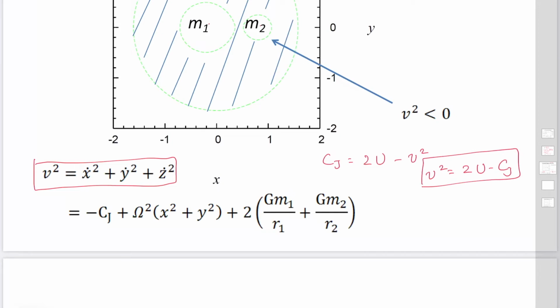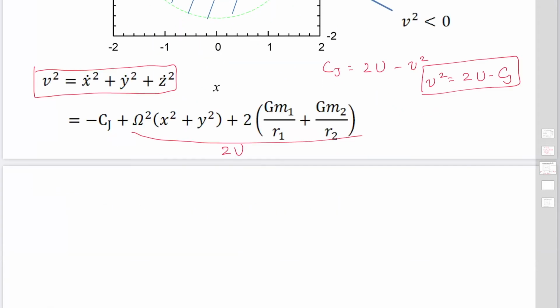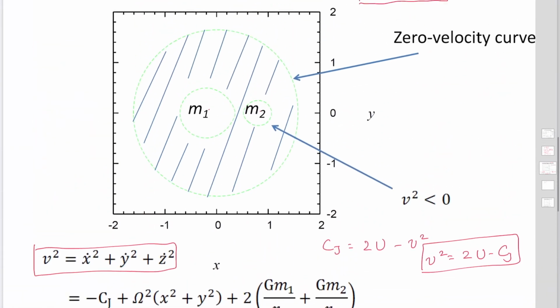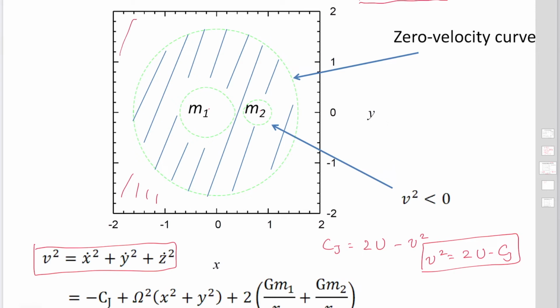This corresponds to the 2U. The first term of the 2U is like omega squared times x squared plus y squared. This term becomes really large when x and y become really huge, so this corresponds to these regions, where x and y are really huge.